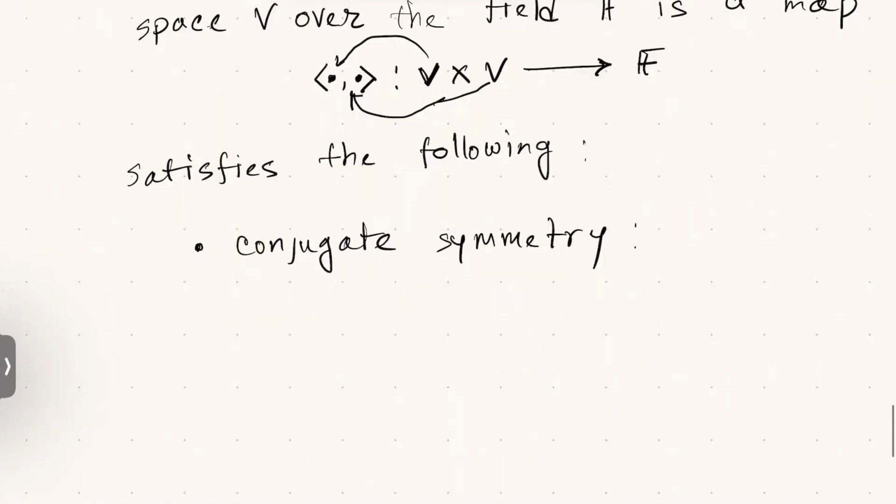What is conjugate symmetry? If you have vectors x and y, the inner product, if you interchange their order like y, x, then you need to put a bar over the inner product.